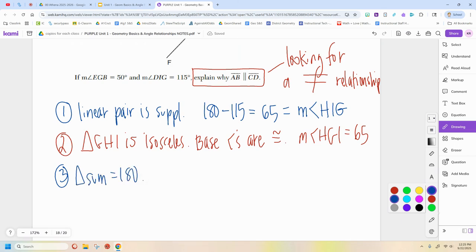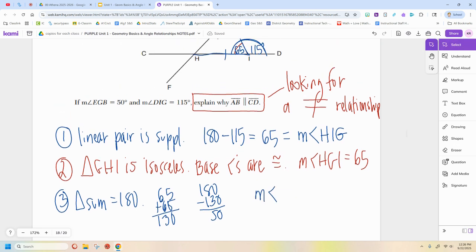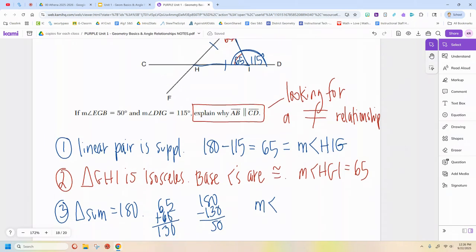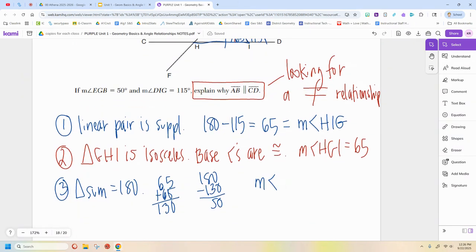You've said the fact, now you're going to do the math. 65 plus 65 equals 130. 180 minus 130 is easy mental math even. 50. So I am going to write the measure of angle now. Oh my gosh, what is the name of this angle? GHI. Good Lord.